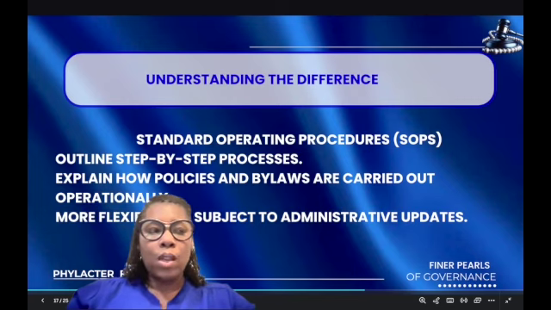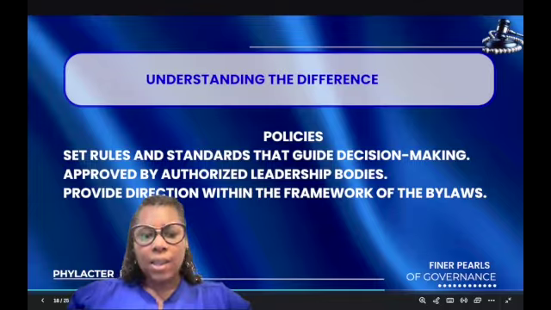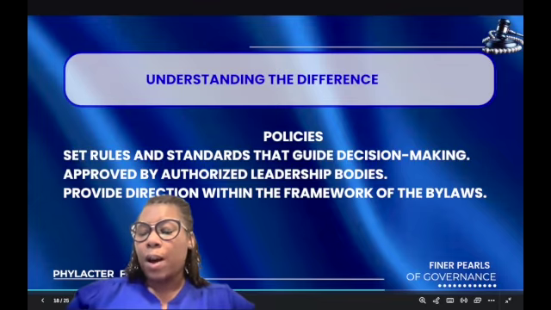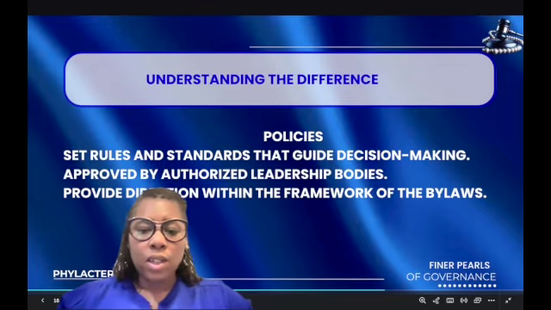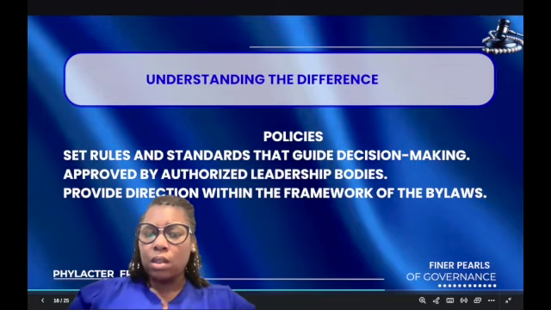Now, I know in some organizations, especially for Zeta, we have bylaws, we have SOPs, but we also have policies. Our policies set rules and standards that guide decision making. They're approved by authorized leadership bodies, and they also provide direction within the framework of the bylaws. So they don't contradict your bylaws, but they give better direction on how to carry out certain information.